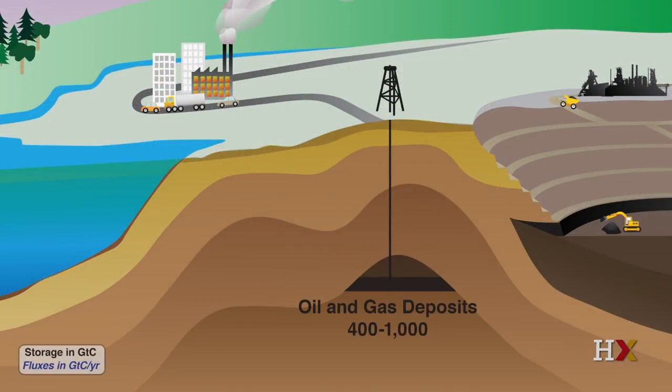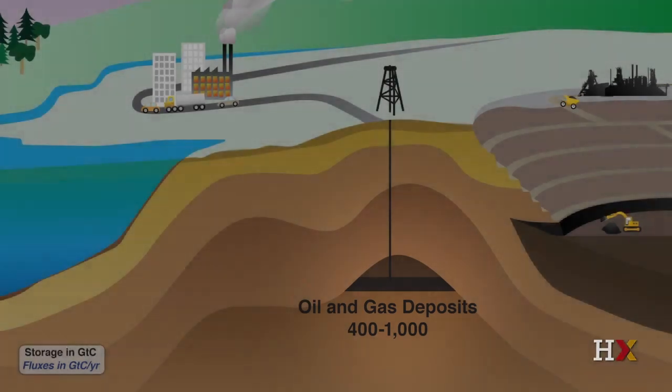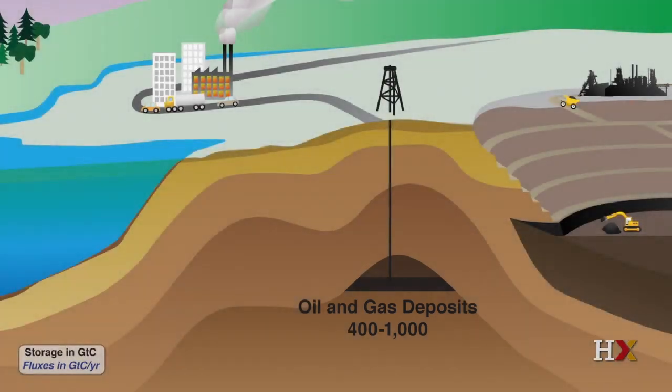In the case of oil and gas, this was mostly marine algae buried in ocean sediments and ultimately heated and pressurized and often moved around into different geological deposits, but ultimately they're the remnants of organic matter from photosynthesis millions or even hundreds of millions of years ago.